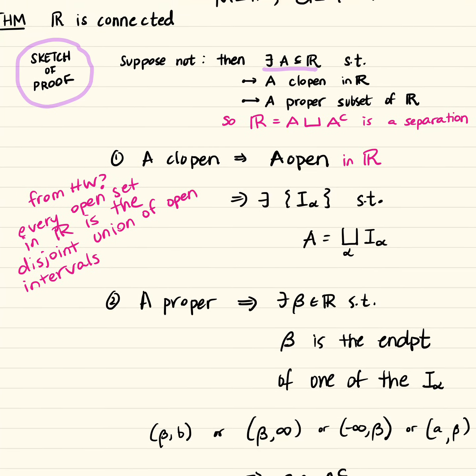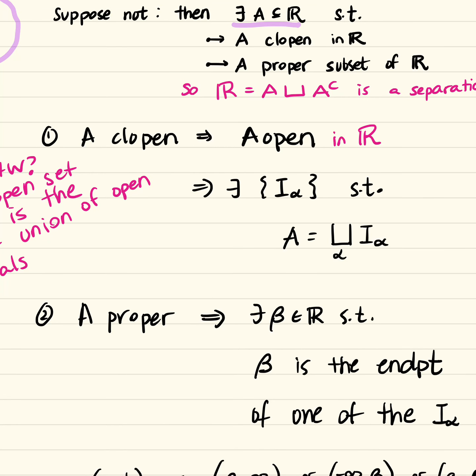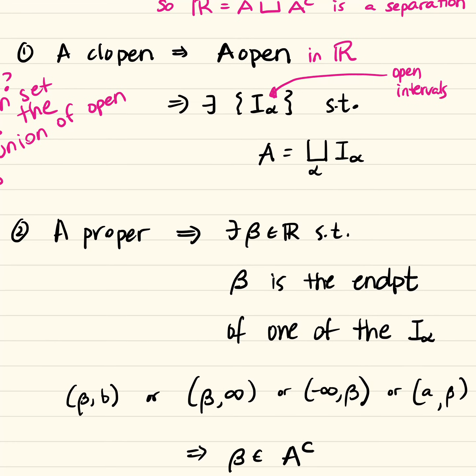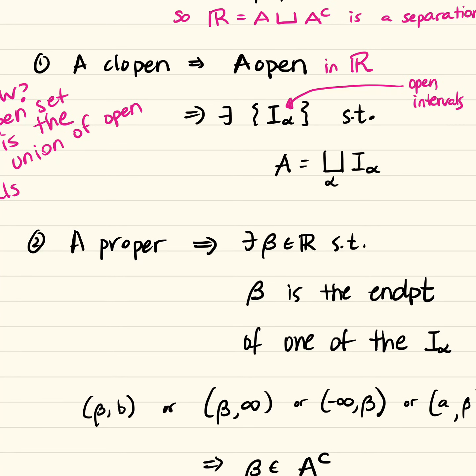So in this case, there exist some open intervals such that A is the disjoint union of the open intervals, because A is clopen. Now, since A is proper, that means A is not equal to all of R.